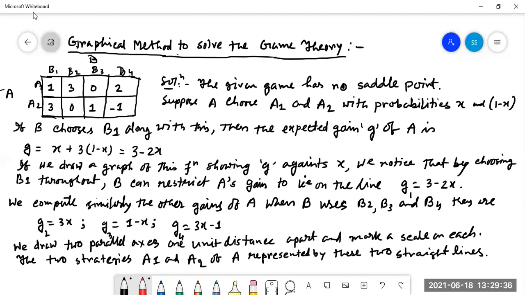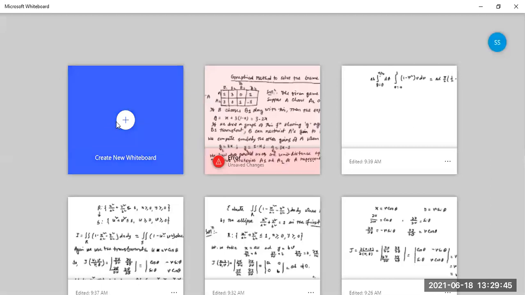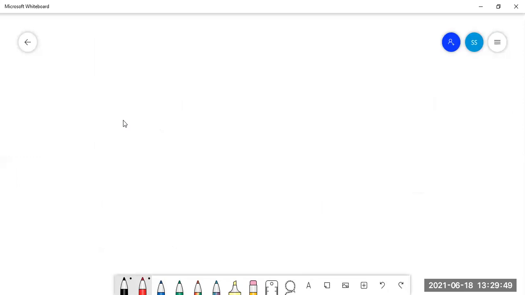So we have to go for the next slide. Here we are choosing two parts of that. Now we have to draw the lines.